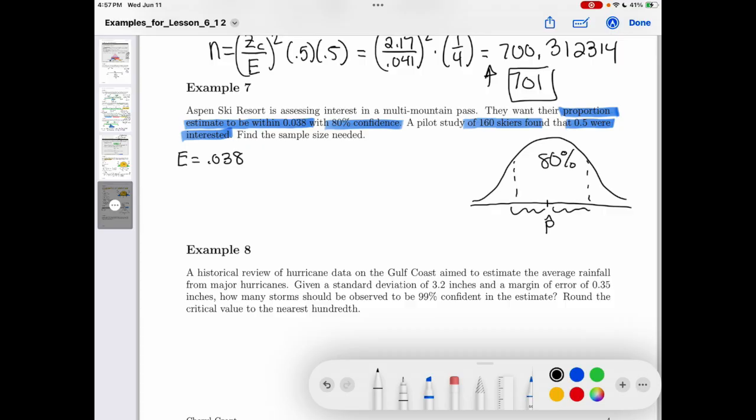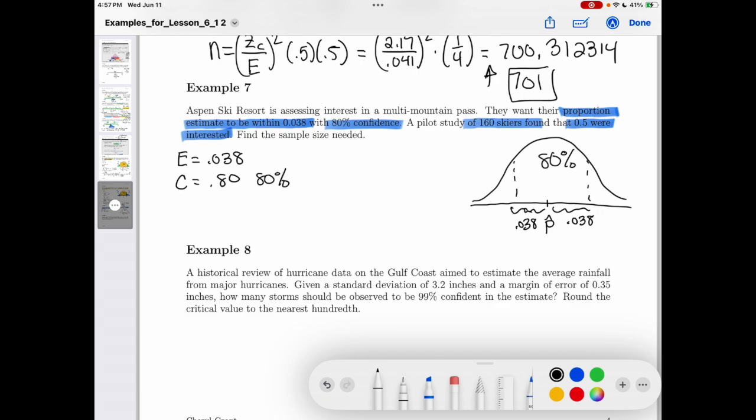And it says we want to be within 0.038. So that's our error. Oops, I wrote that one backwards. Let me fix that. So we have our confidence level is 0.80 or 80%.